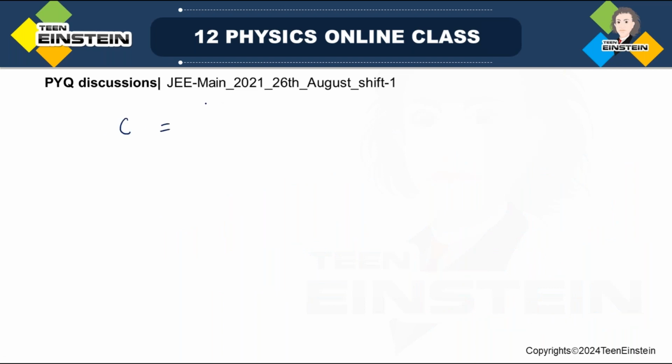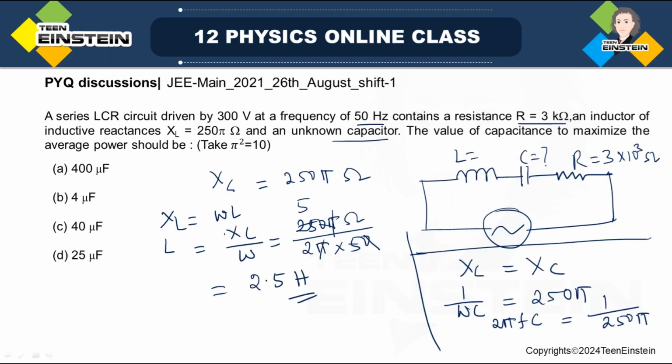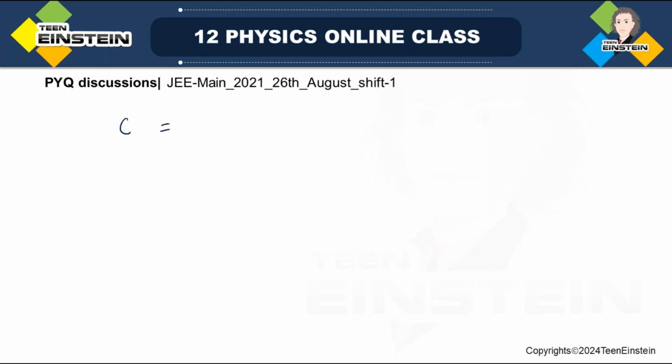Let me do this calculation here. C is actually 1 over 2 pi into F into 250 pi. 1 over 2 pi into 250 pi, the frequency 50.